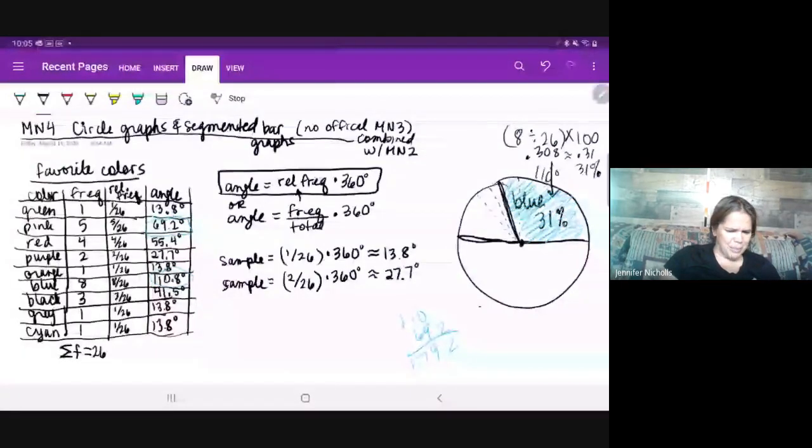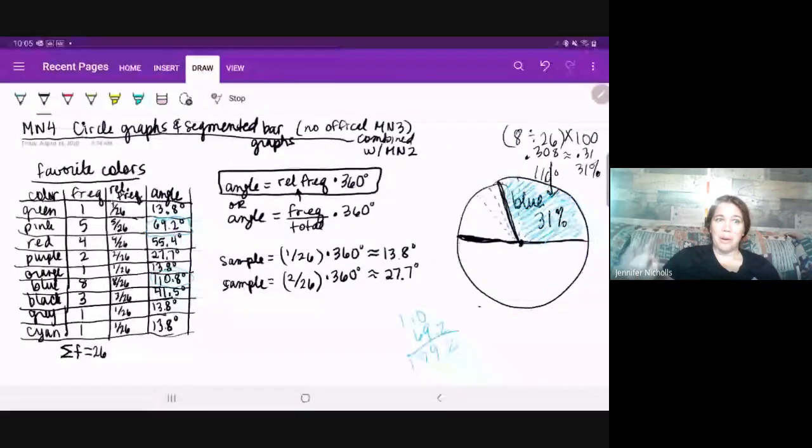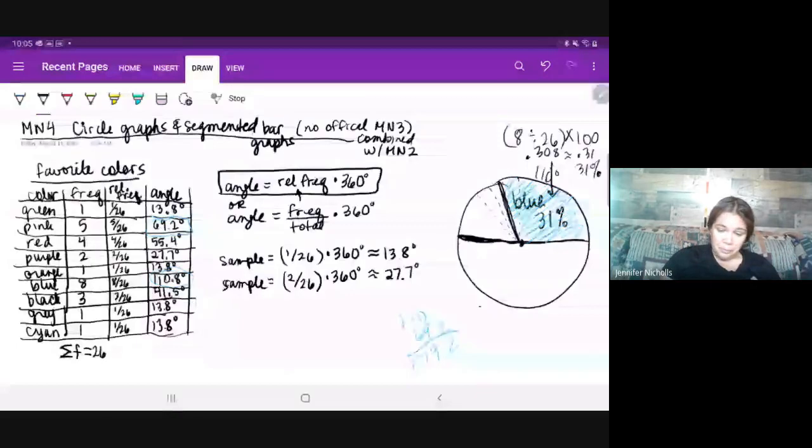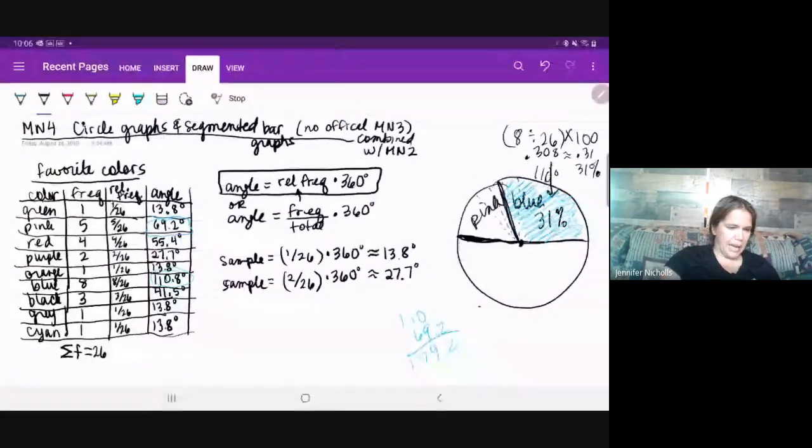And you guys, I'm not expecting you to be an expert at this on the test. I'll make the numbers come out to be pretty, so they'll be like pretty angles, 60, 90, 30, things you could figure out, not these crazy numbers. Okay. So what color was this one? Pink. So pink. And what percent is that? Oh, I don't know.